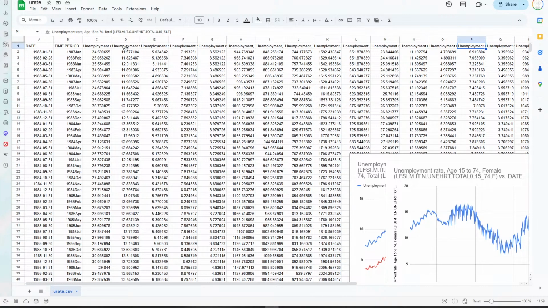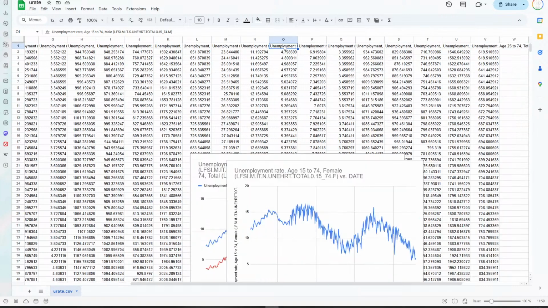Okay, so these are the various different collection of the unemployment measure. It depends on all these letters, etc. Some columns, of course, are in millions of people, hundreds of thousands of millions of people. So it collects the population amount.